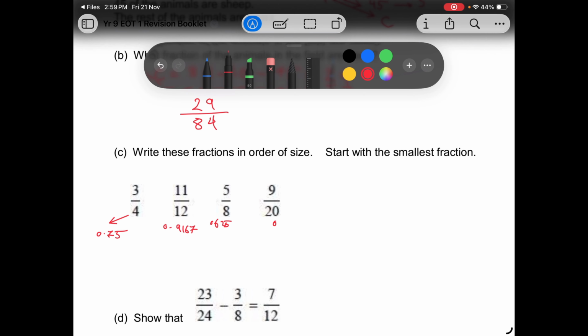So this is 0.45, and if things like that, then I think all of you guys are now capable of rewriting these fractions in ascending order, or starting with the smallest, it's the same.